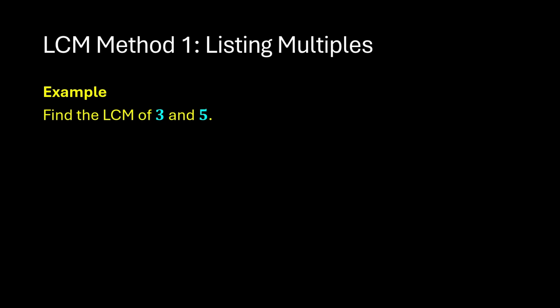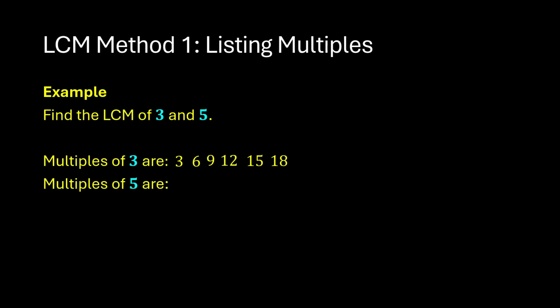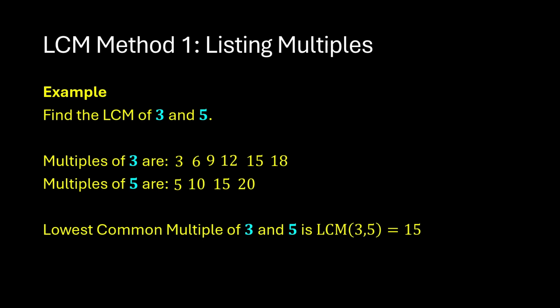The multiples of 3 are 3, 6, 9, 12, 15, 18, and so on. Multiples of 5 are 5, 10, 15, 20, and so on. The lowest common multiple of 3 and 5 is 15. This is the smallest number which is a multiple of both 3 and 5.